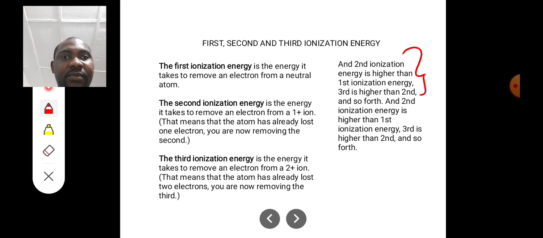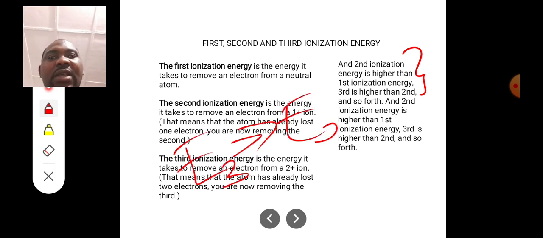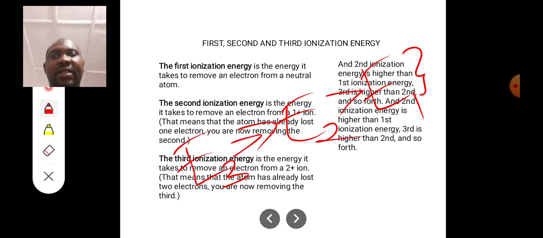Okay? That is very, very important for us to know. So that means E3 is definitely much higher than E2, and E2 is higher than E1. That's the variation of energies. That is very important for you to note.